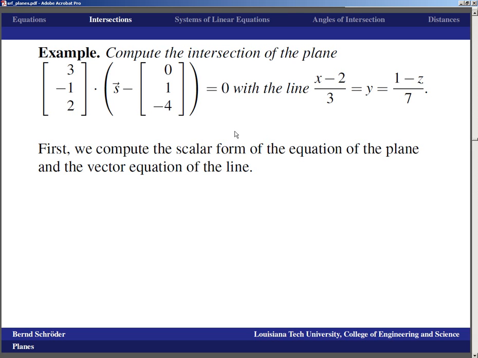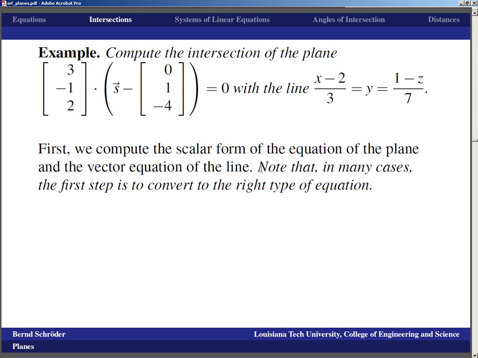But actually, the quickest way to compute the intersection of a line and a plane is to use the scalar equation of the plane, because that scalar equation uses x, y, and z, and then use the vector equation of the line, which gives us x of t, y of t, z of t, and just plug x of t, y of t, z of t into the scalar equation of the plane. That gives us one equation in one variable, which is a whole lot easier to solve. And that's exactly what we're going to do here.